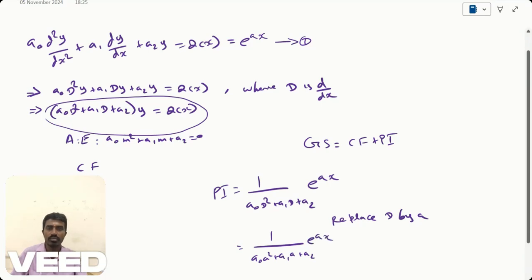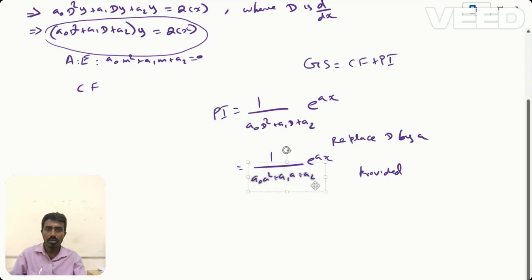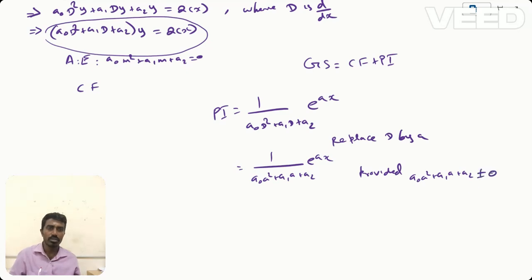This is the particular solution for type 1 problems, provided the denominator should not be equal to 0.